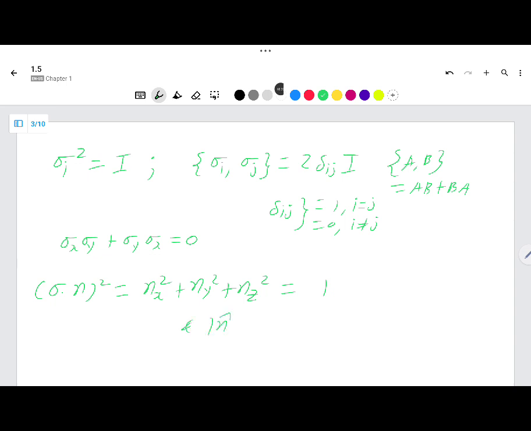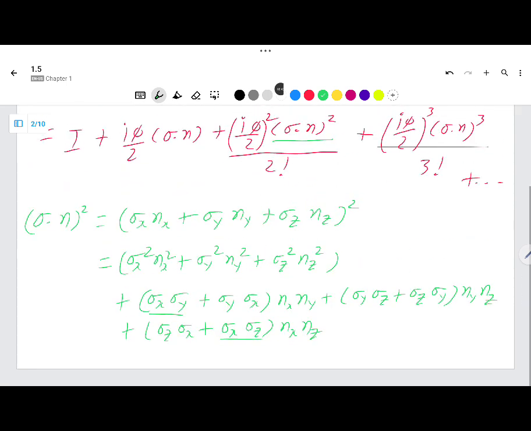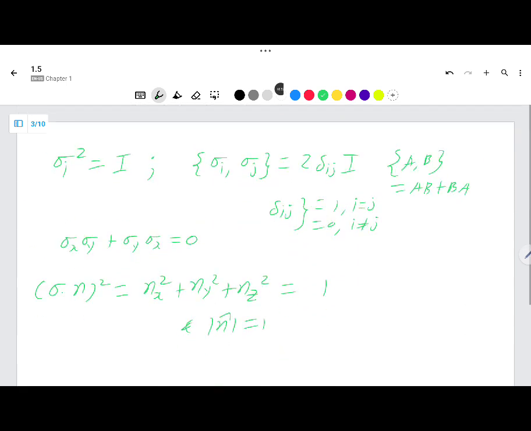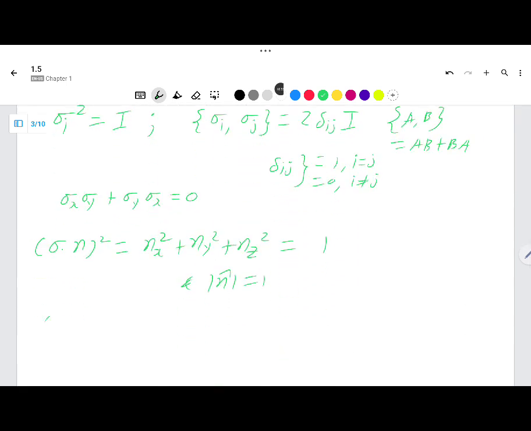Okay, fine. So since sigma dot n squared is 1, all the even powers will be 1, and all the odd powers will be basically sigma dot n.